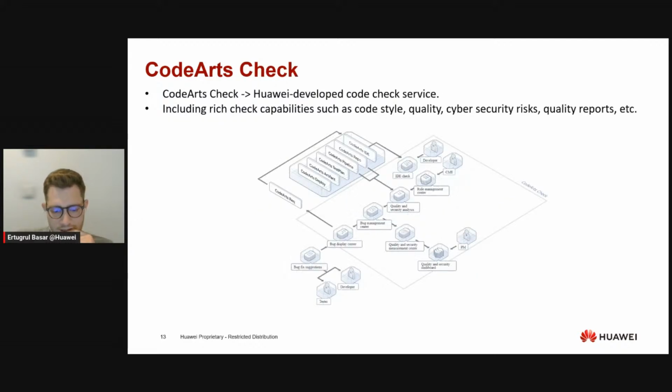And CodeArts Check, we can say that it's a comprehensive code quality testing service provided by Huawei. It offers developers the ability to perform static code checks in multiple programming languages, as well as security checks with over 3,000 rules at its disposal.